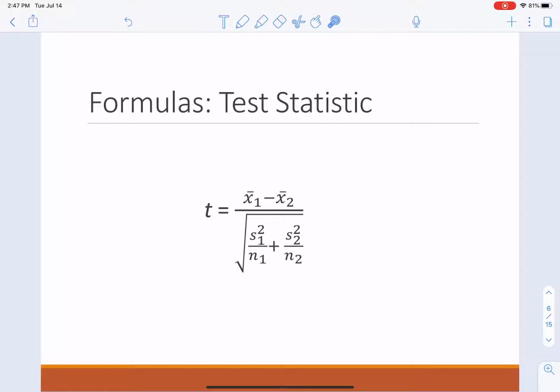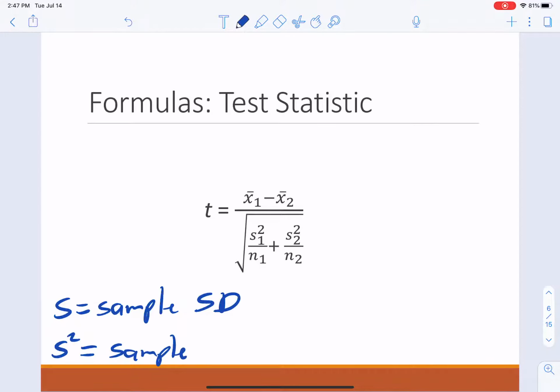Now we'll write this out. So S itself equals the sample standard deviation. It turns out, though, that if you were to square that value, so you take S squared, that actually equals something new that we haven't really seen, called the sample variance.